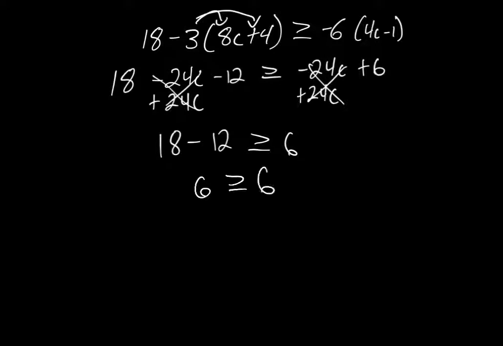So I got 6 is greater than or equal to 6. The first part is not true. 6 is not greater than 6, but 6 is equal to 6. And because that is true, our answer is all real numbers. And there you have it.